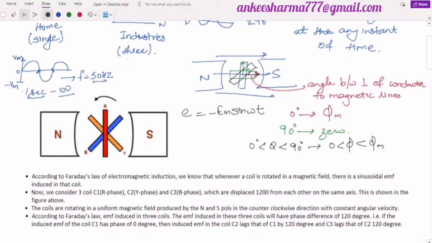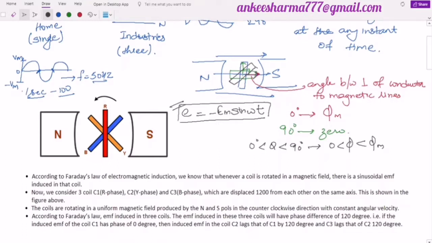Also it depends upon the number of turns in the conductor, because this conductor consists of a coil. We have already discussed this part, and we have already generated this EMF, e = -Em sin(omega t). So kindly go through that video before studying the three-phase EMF generation. So I assume that this point is clear to you, how we have obtained e = -Em sin(omega t).